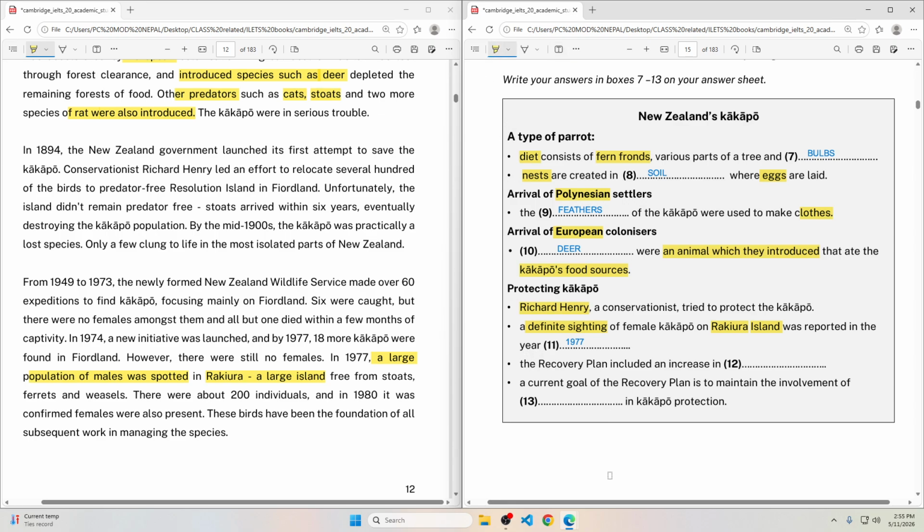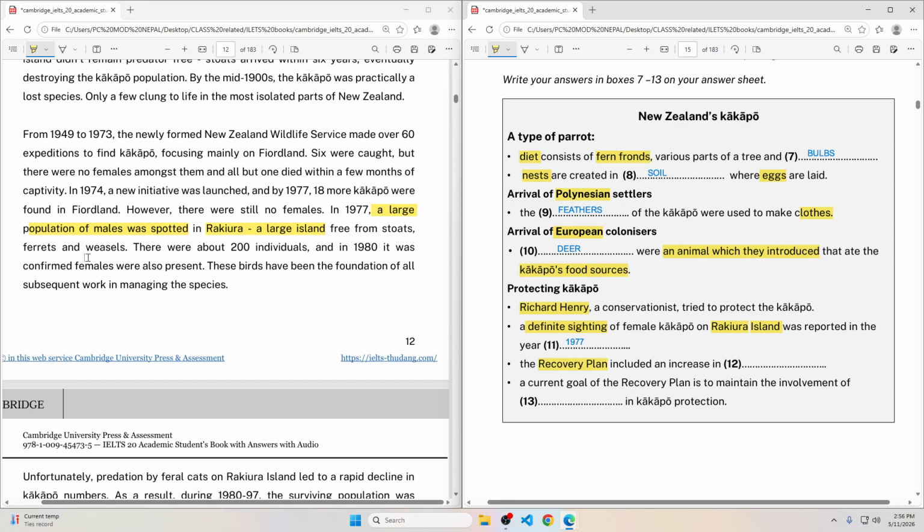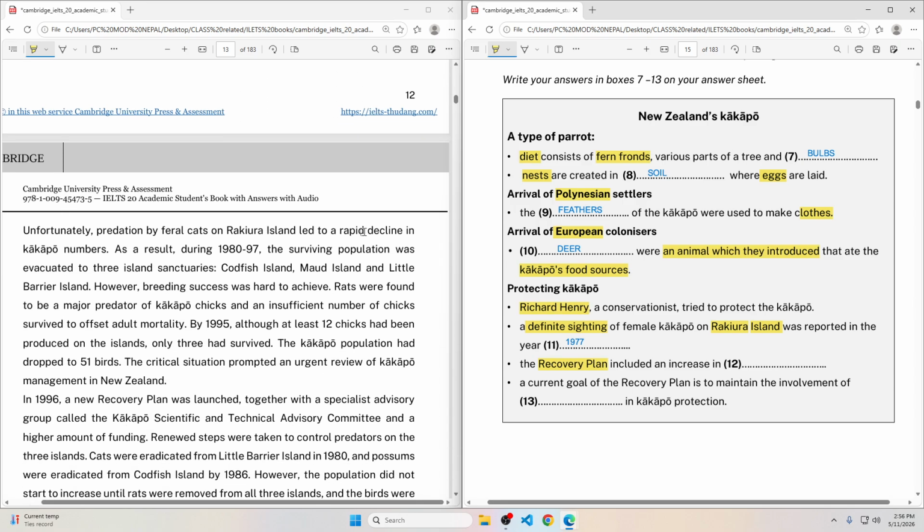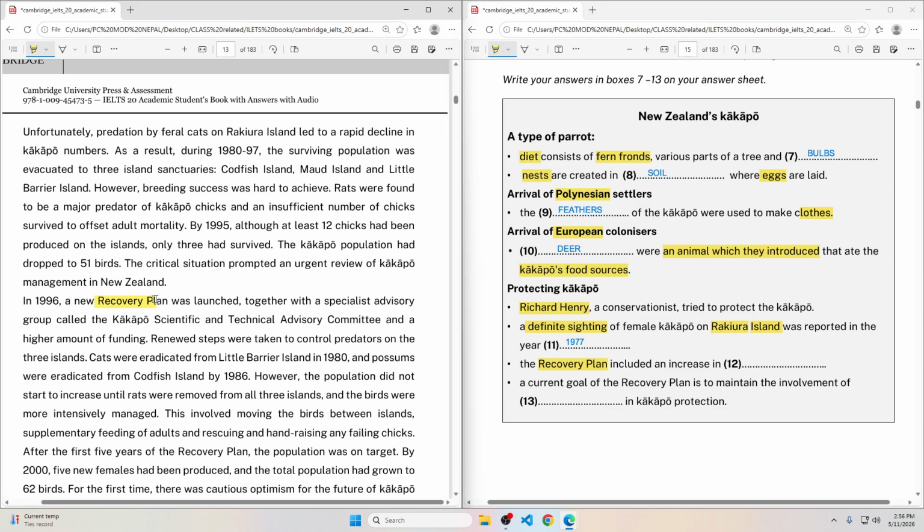The recovery plan, why is recovery plan R and P capital? The recovery plan included an increase in. R and P are capital, so they are also a part of a name.